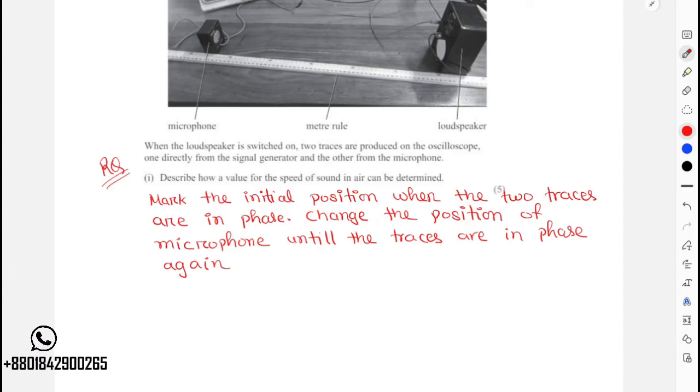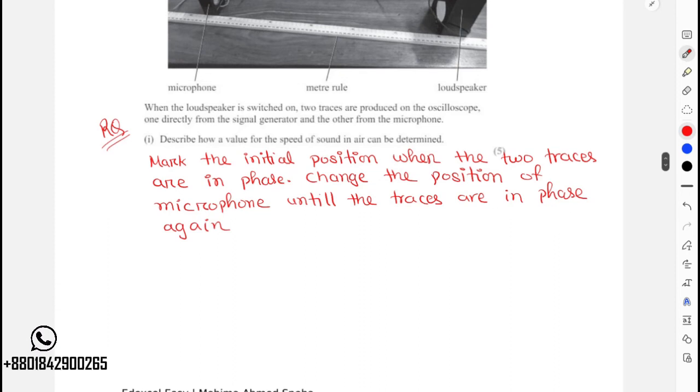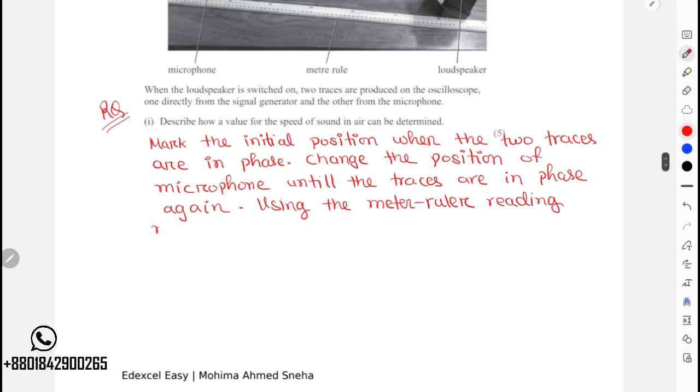The distance between these two positions is known as one complete wavelength. Using the meter ruler reading, measure the distance between these two positions.